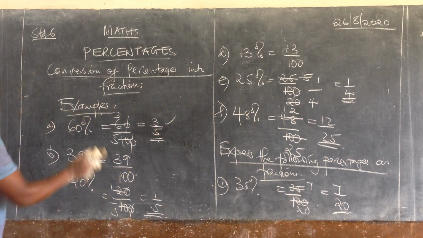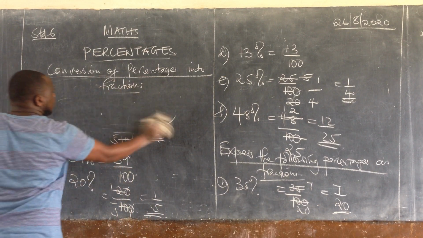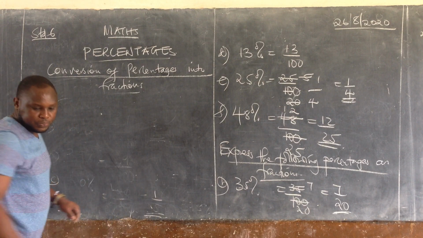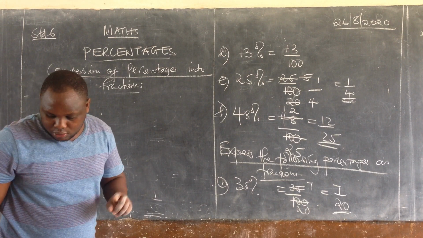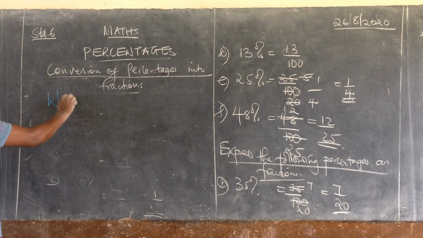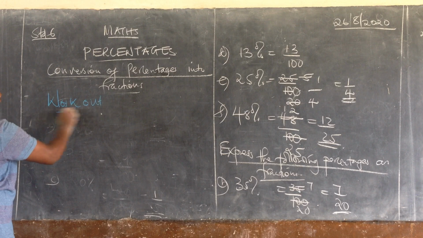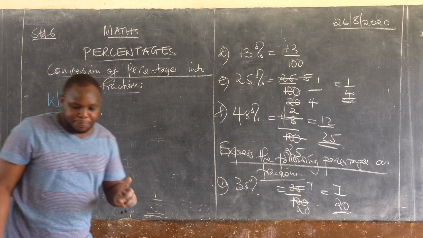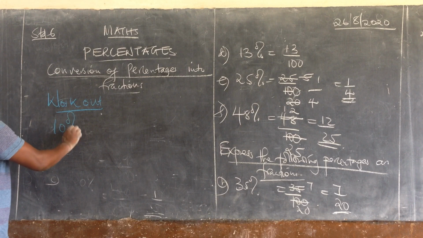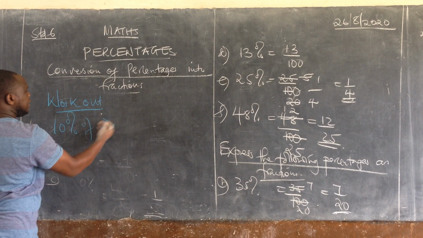I have more questions concerning the same. Let me write it here for you. Work out 10% of 200 shillings.